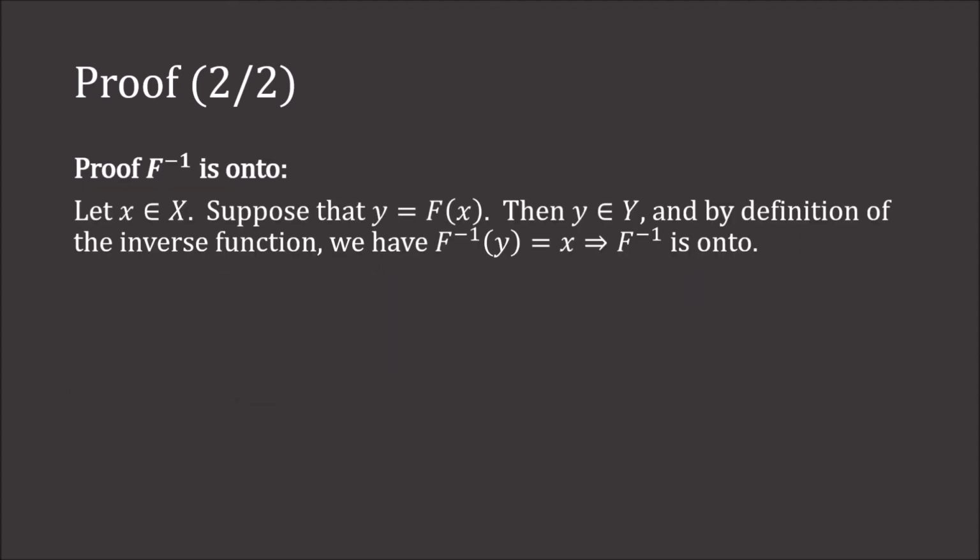Let x be any element of X. Suppose that y is equal to f of x. Then by definition, y would have to be an element of Y. And thus by definition, f inverse of y would equal x. So we just found the y. Hence, f inverse is onto, and that completes the proof.